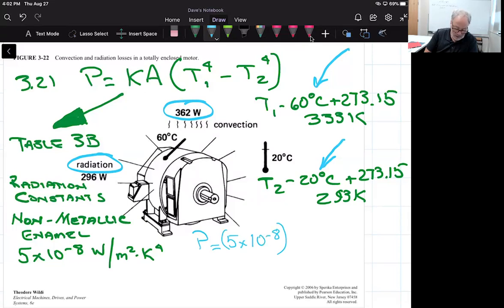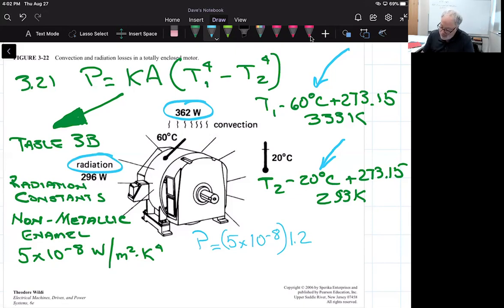I just see a number here, this 1.2. Oh, that was from the earlier problem, example 3.16, where he told us the totally enclosed motor has a surface area of 1.2. So that number came to us from page 64.